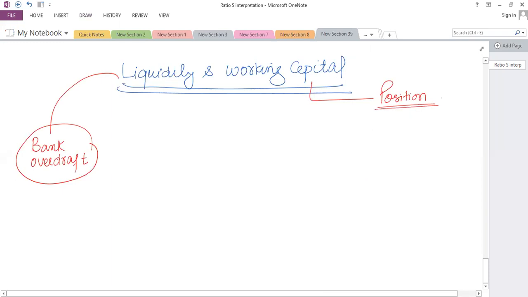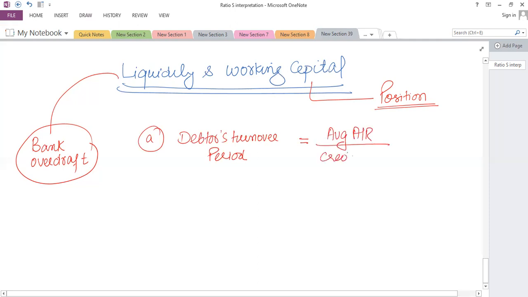So let's first discuss the working capital ratios. The first one is the debtors or receivables turnover period. I'm discussing the days formula, right? So we have to see average accounts receivable or closing accounts receivable, credit sales, and 365, the days.